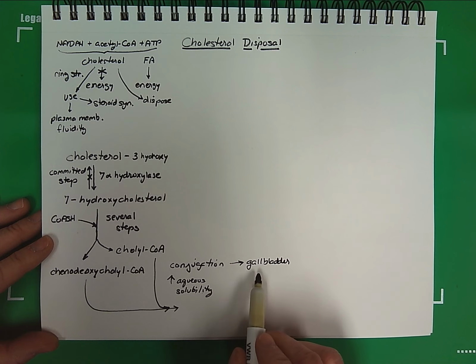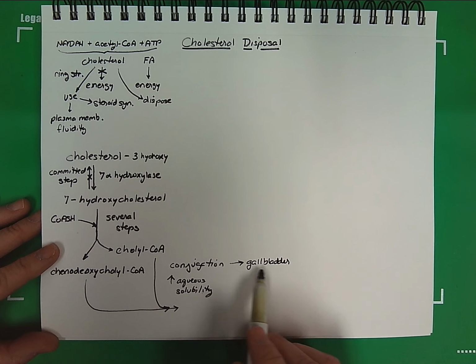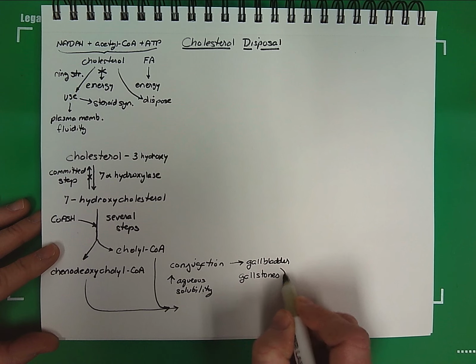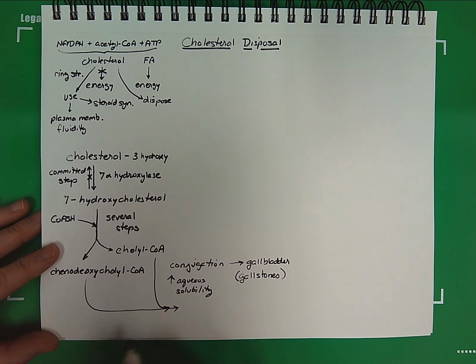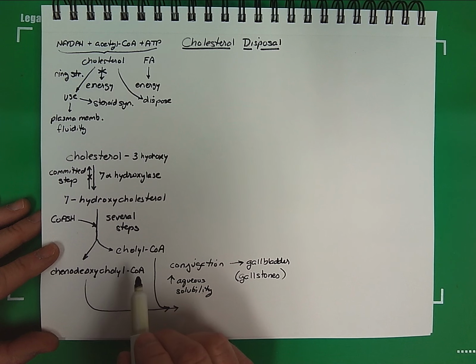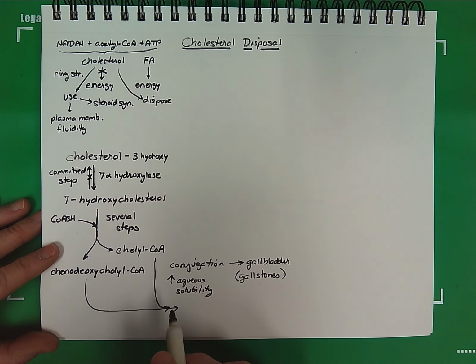The gallbladder, recall, is a small sac that can hold a large amount of material. If we have a lot of hydrophobic molecules in this small space of the gallbladder, we can cause precipitations. These precipitations, of course, are known to us as gallstones. The majority of gallstones found in the gallbladder are due to cholesterol. So the conjugation reaction is going to increase the aqueous solubility to prevent gallstone formation as we store this waste product in the gallbladder.